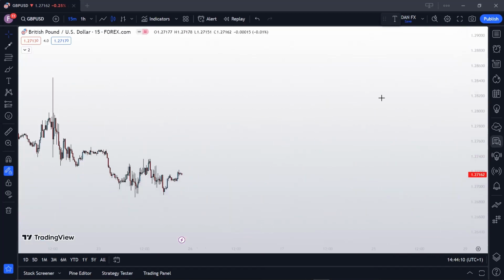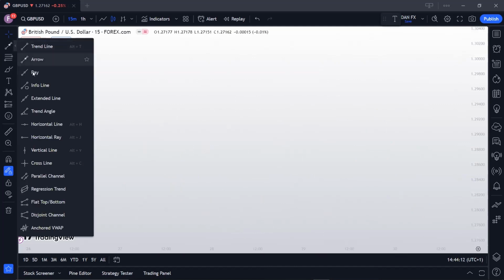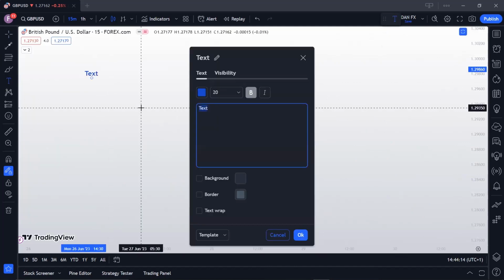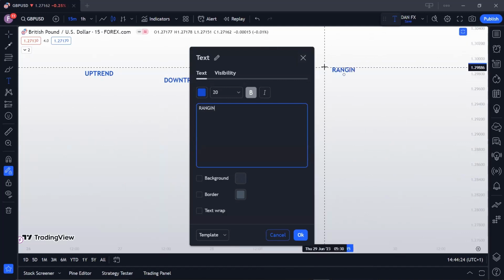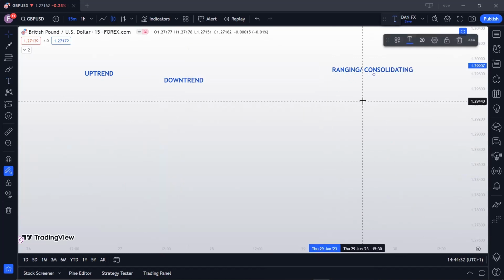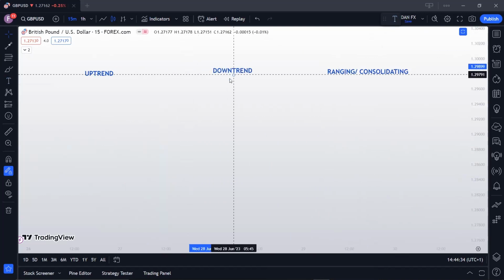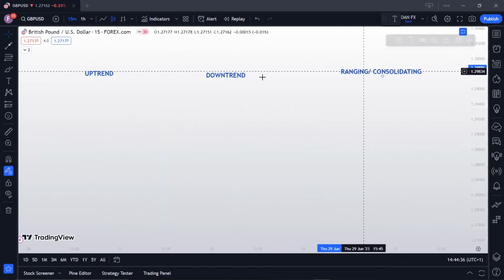So let's do a quick recap. We have an uptrend, we have a downtrend, and we have ranging slash consolidating markets. Right, so this is an uptrend, downtrend, consolidating markets.